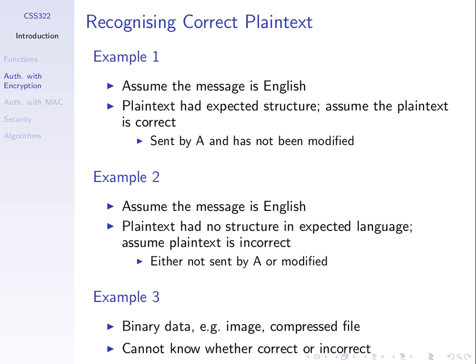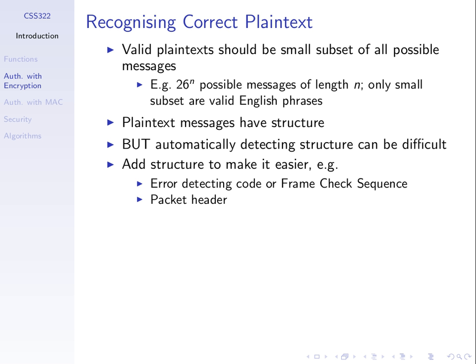So, we need to have some structure in the plaintext. If we don't have some structure that we can automatically recognise, then we can add some structure to that plaintext, such that the receiver, when they decrypt, can recognise some structure. So how do we recognise correct plaintext?